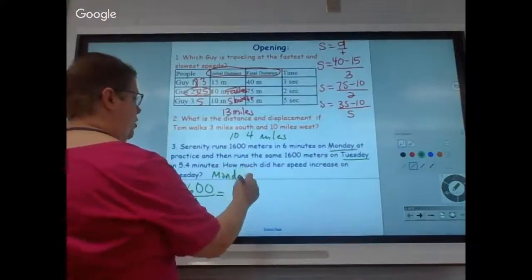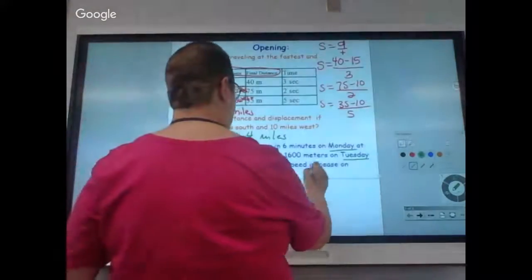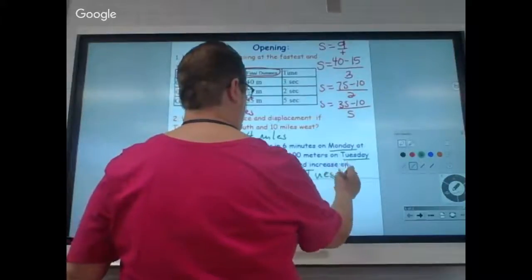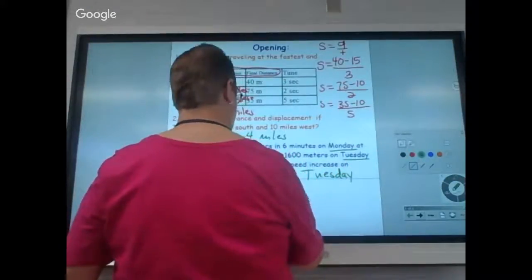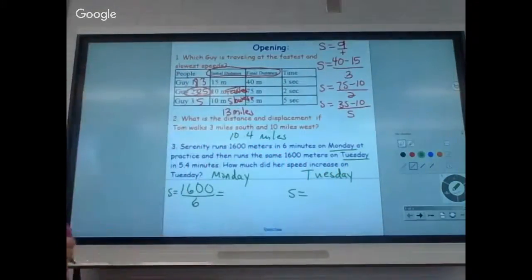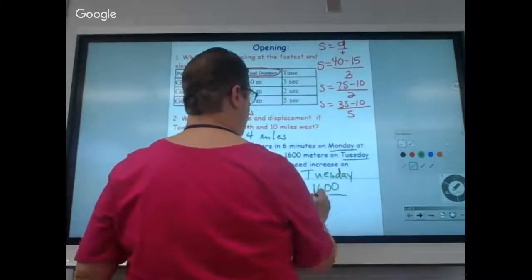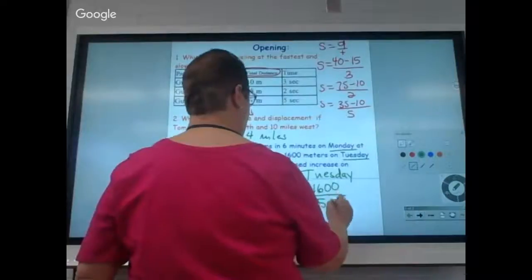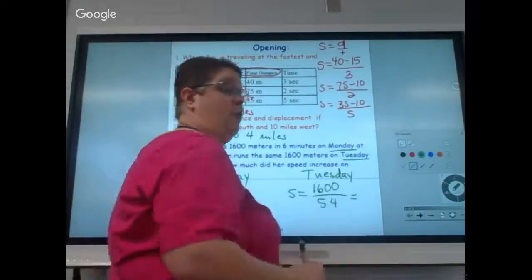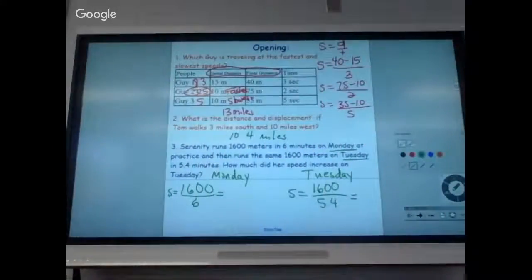And then we have to turn around and calculate it on Tuesday. All right? Calculator speed. All right, so she ran the same 1,600, and she did it in that much time on Tuesday. Now, these weren't real times because Randy was really fast. Oh, she was. Yes, Randy was really fast.